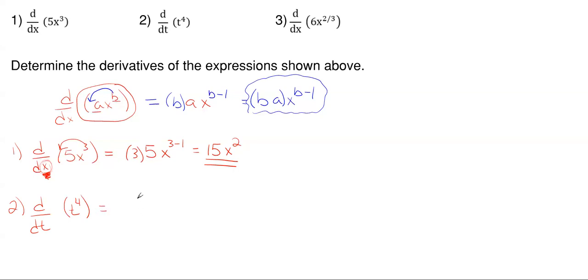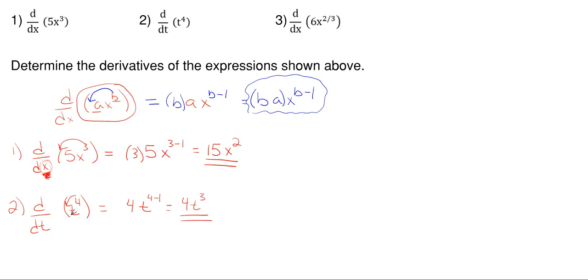So what we're going to have is 1, and then t, and then you're going to take the 4 and drop it in front. So there's the 4, and then the power will reduce by 1. So essentially we would have 4 times 1 times t to the power of 4 minus 1, because our a value is just 1 here. So in the end, we end up with 4t cubed as our answer.